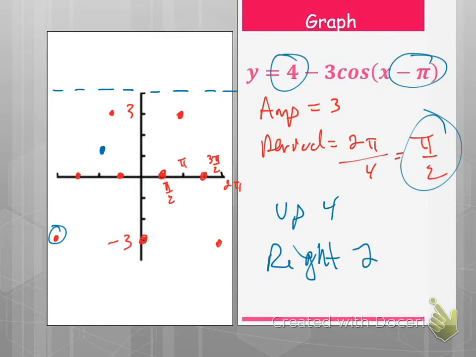Yeah, that's right. Sorry. 4, right, 2 puts this right here. Okay. This guy is going to go up 1, 2, 3, 4, right 1, 2, and end up right here. This guy's going to go up 1, 2, 3, 4, right 1.